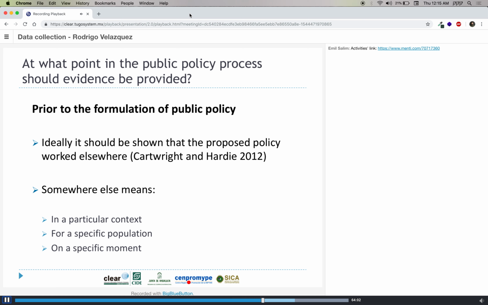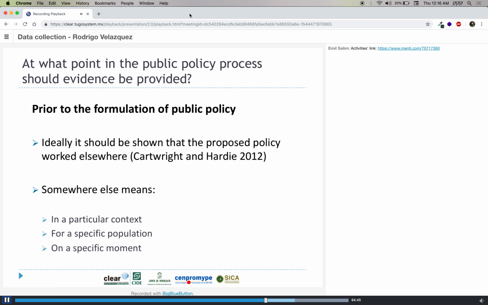So Cartwright and Hardy said that if we have this evidence, then we have to provide this evidence previous to the formulation, because we can say that we have evidence that supports the fact that some actions or that a set of government actions are related to solve the problem that we identified. And in addition, when we are talking about the fact that they worked somewhere else, this means that in a particular context, for a specific population, or on a specific moment, this public policy or public program worked.